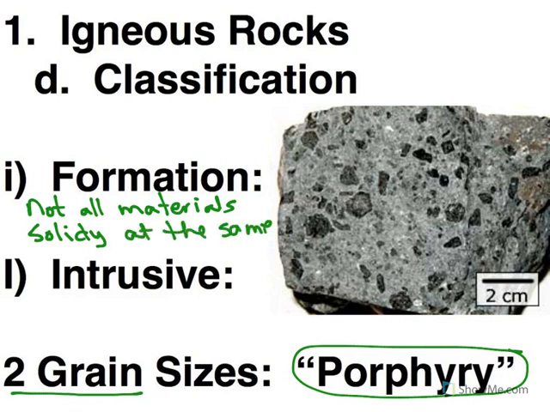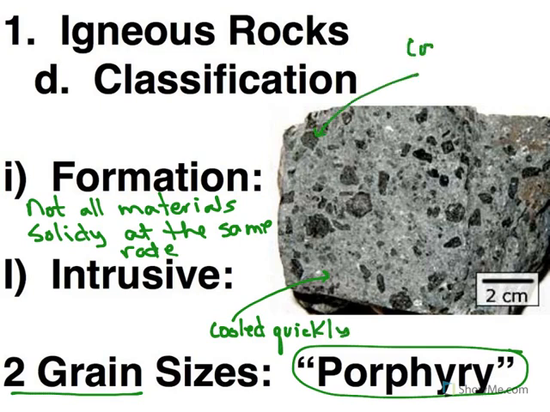So here we're looking at a rock where some of the material, in this case the lighter gray, cooled quickly, and so it's fine-grained, but then other parts cooled slowly, and that gives it a larger grain. So you have a mixture of these materials which at the same temperature cooled and solidified at a different rate, and so you get this rock that has these 2 different grain sizes.